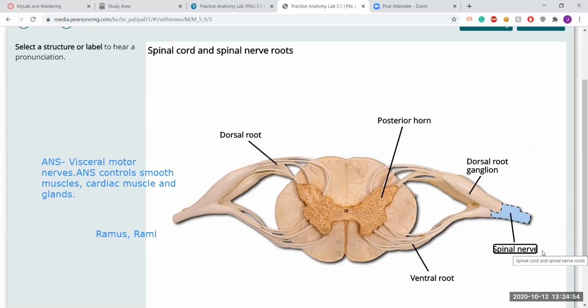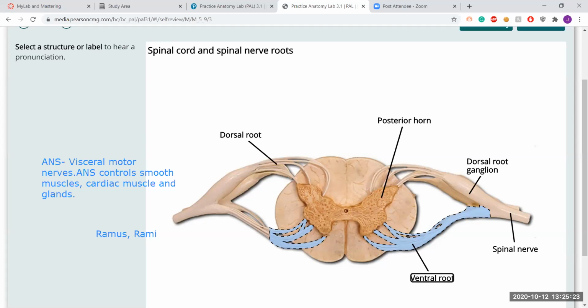So rami are the anterior branching or posterior branching of the spinal nerve. And when anterior branching forms the bundle, we call them plexus. And we have several plexuses: cervical plexus, brachial plexus, lumbar plexus, and sacral plexus in different regions of the spinal cord.